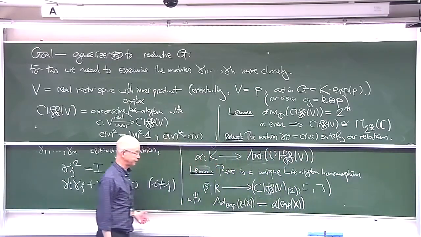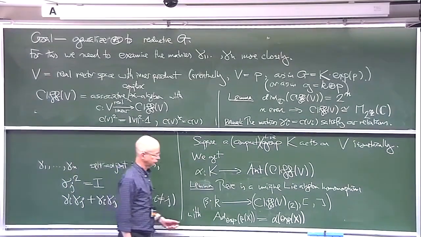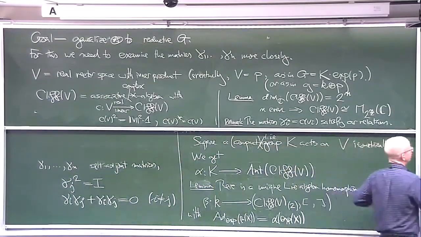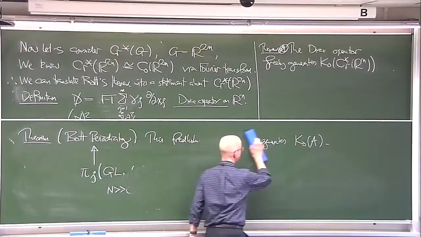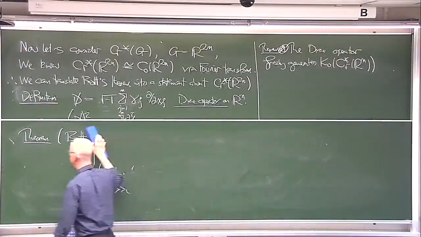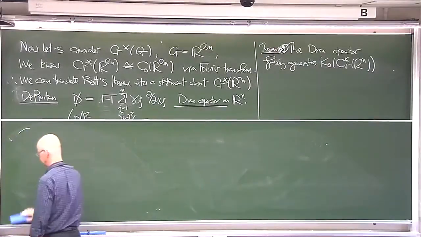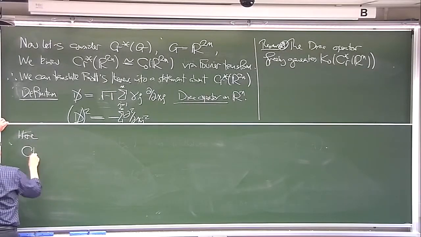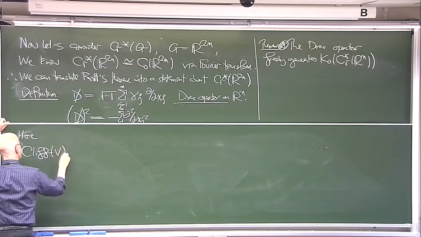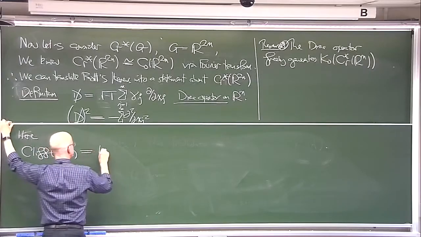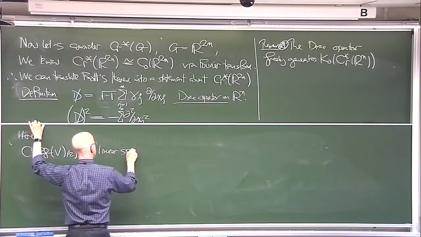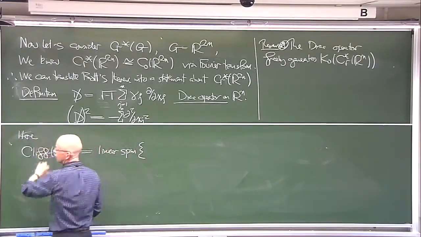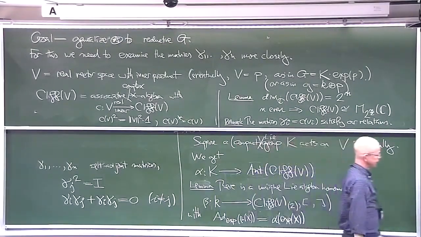And as for this degree 2 part, this is just the linear span of the elements that I was calling gamma here.